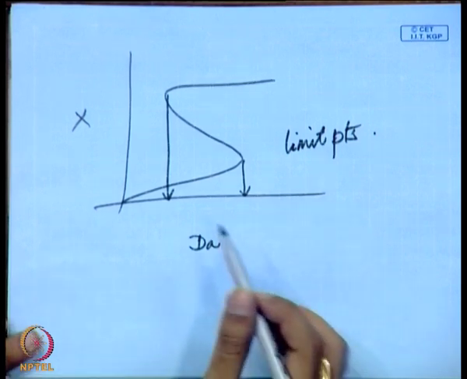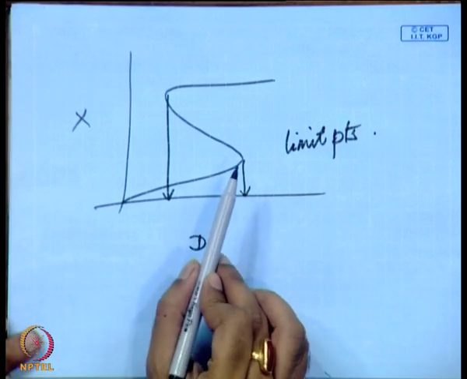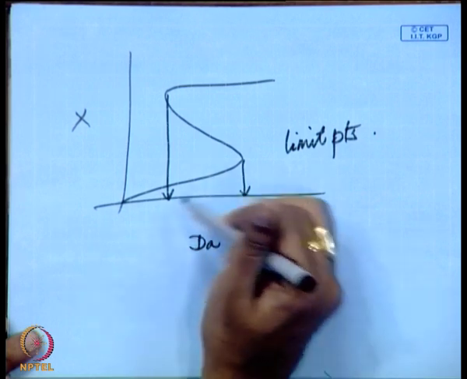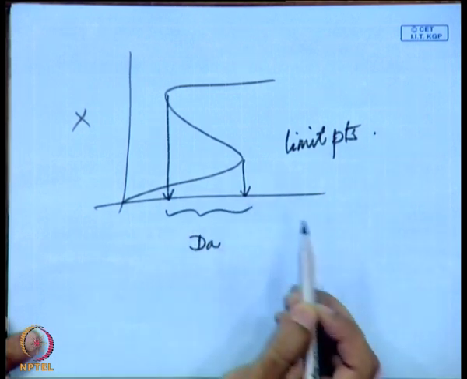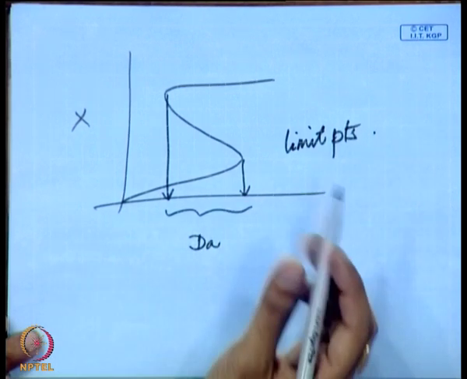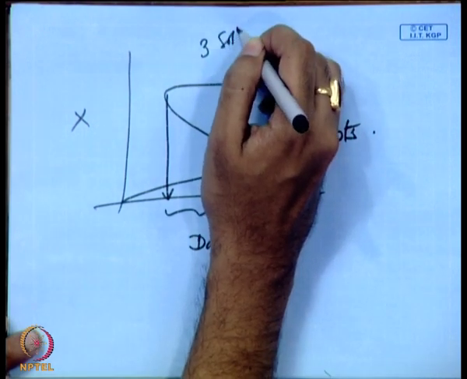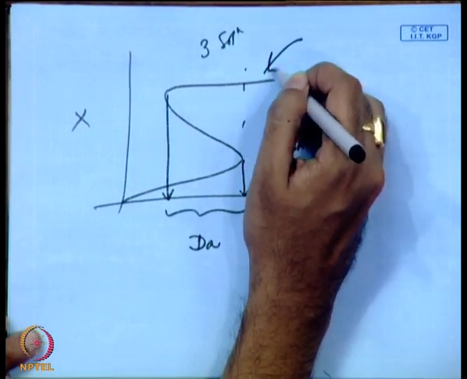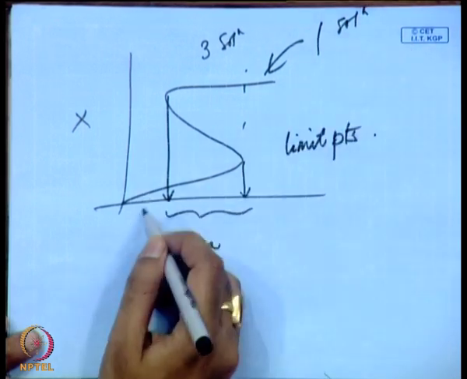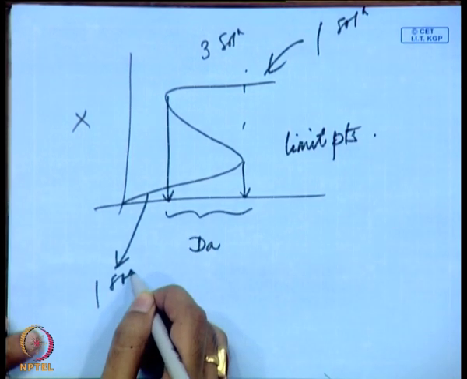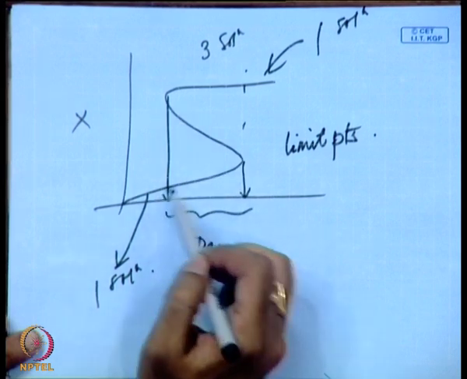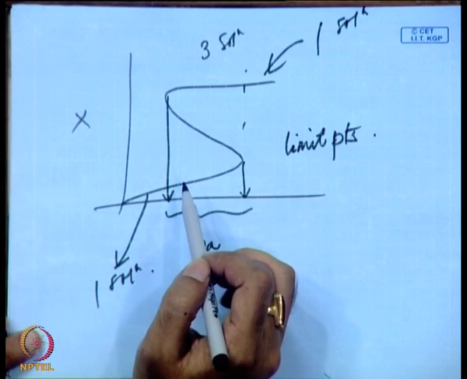Why are these words important? Because between these limit points, in this region, you have 3 solutions, and beyond that, 1 solution and 1 solution. So, only between these do you have the cubic solution.